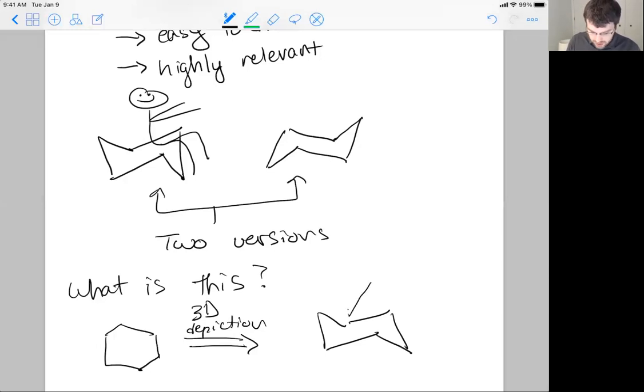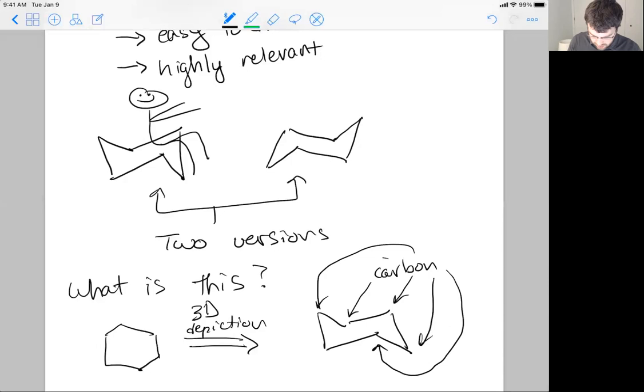So just like any other bond line structure, every corner in this shape is a carbon. So there's a carbon there, there, there, there, there, and I'll just wind around. Oh, wait, I got them all, didn't I? Okay, never mind.